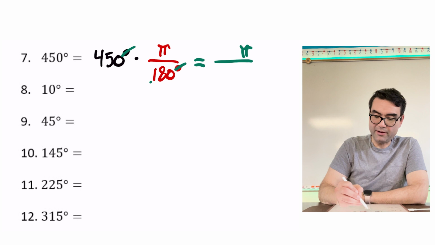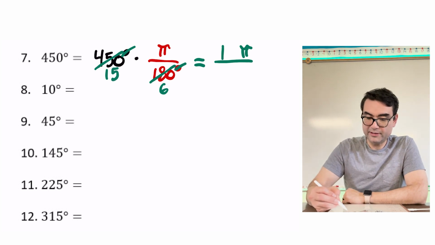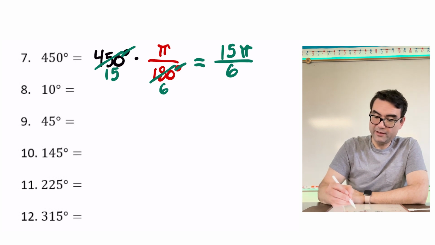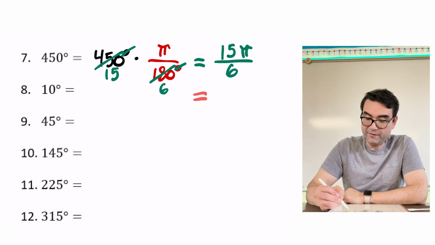So we'll start there. So if you divide both of these by 30, this would be 6, and this would be 15. So 15 over 6, which reduces once more. We could divide numerator and denominator by 3. So this would be 5 pi over 2.